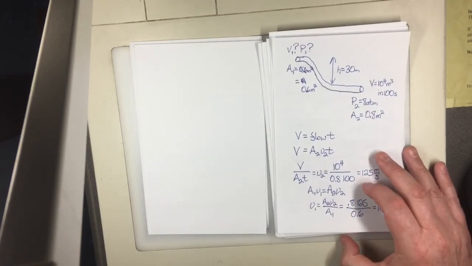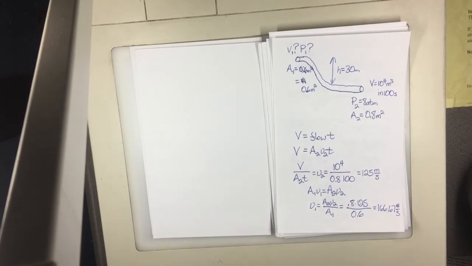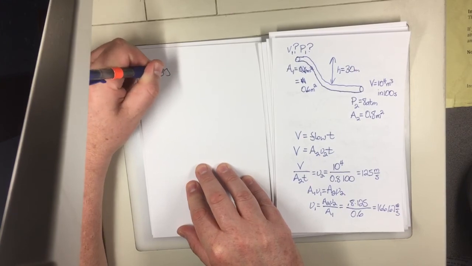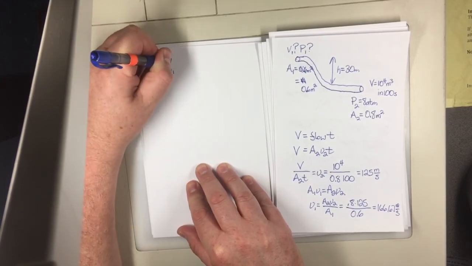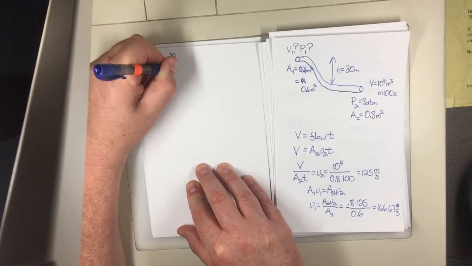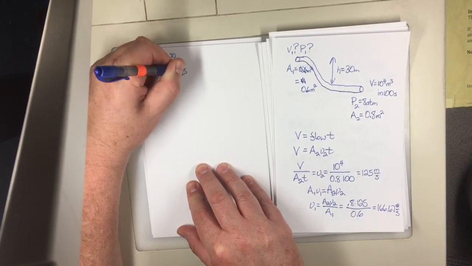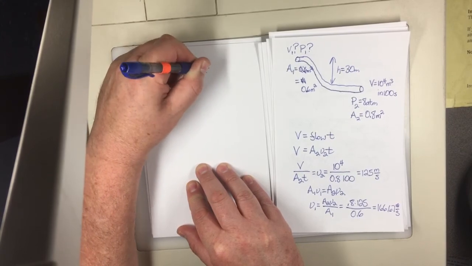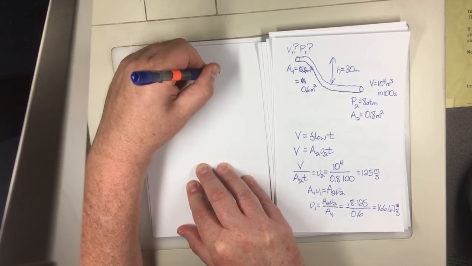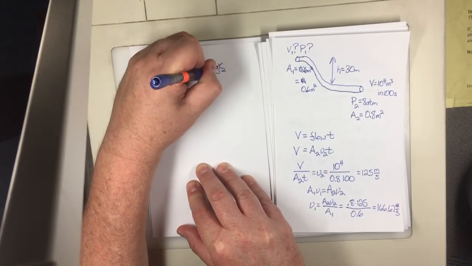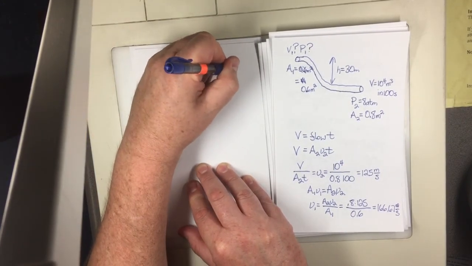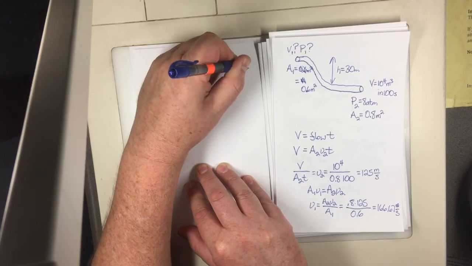Now that we have the numbers, we're gonna have to give us Bernoulli's equation. P1 plus rho g h1, that h is gonna be 30, plus 1/2 rho v1 squared equals P2 plus rho g h2. H2 is 0, so that's gonna go away, plus 1/2 rho v2 squared.